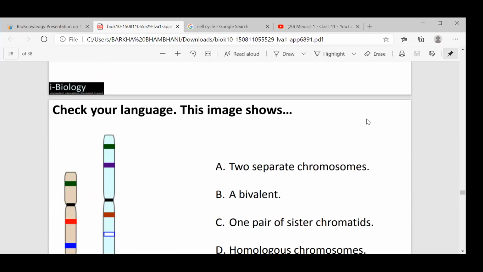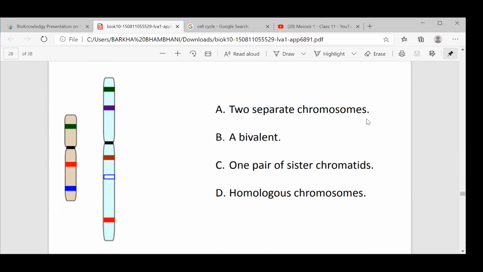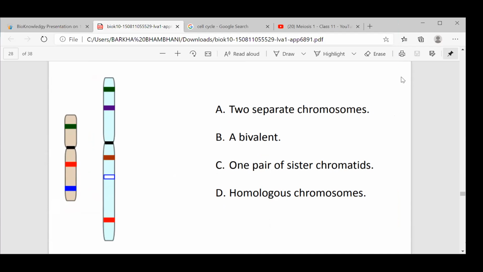Okay, I want somebody else to speak now. What is this one? 2 separate chromosomes. Why aren't we calling them homologous chromosomes? Because they don't have the same allele.